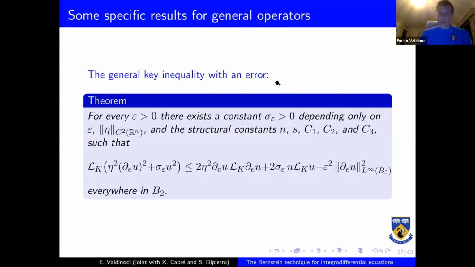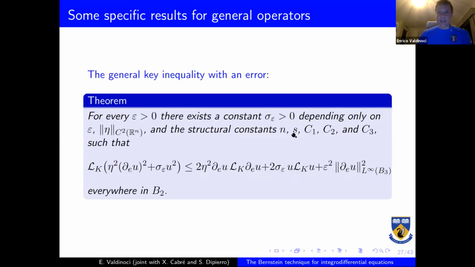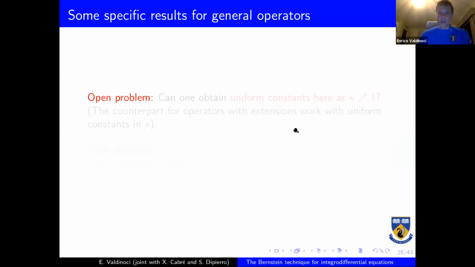Okay, so about this key inequality, let me mention another open problem. Can one obtain uniform constants as S goes to 1? In this statement here, the constants depend also on S, and they are not uniform when S goes to 1, just because one single integral computation depends on S in a bad way.